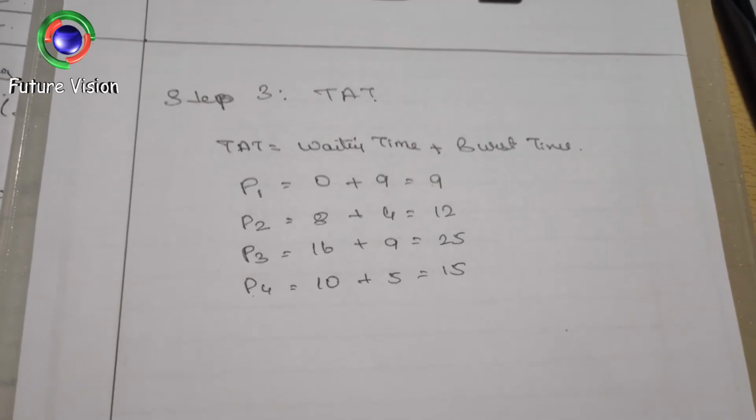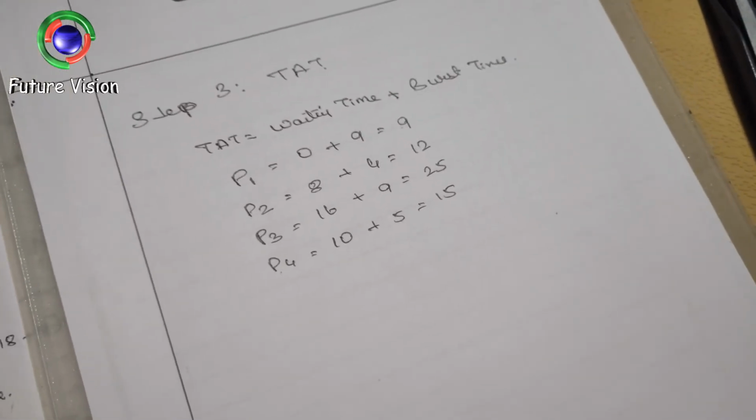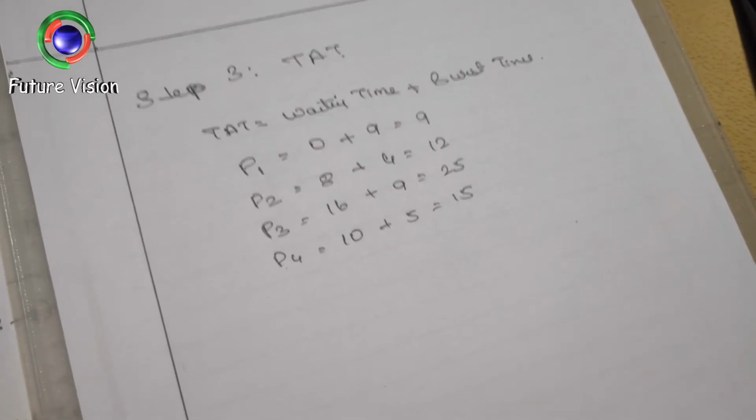We could also calculate the average turnaround time, which is nothing but the sum of all the processes divided by the number of processes.